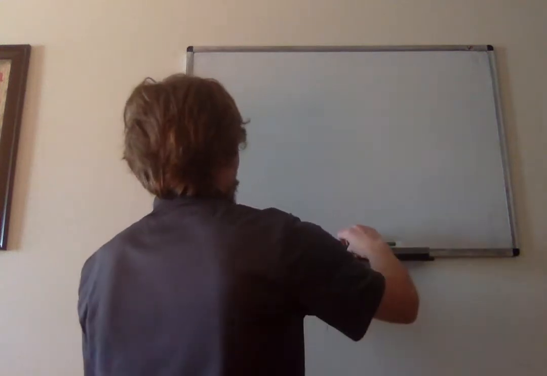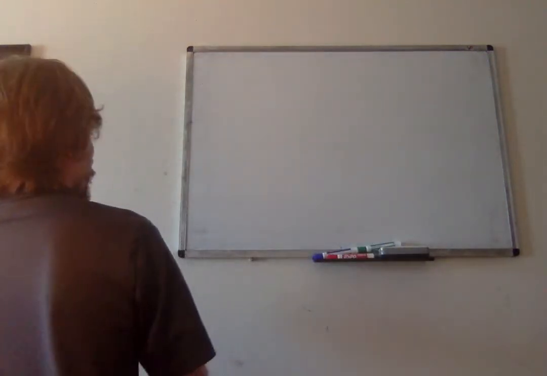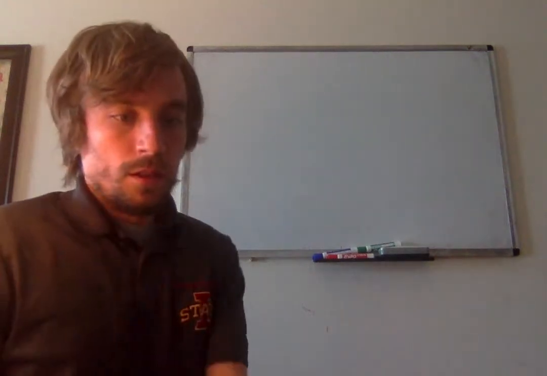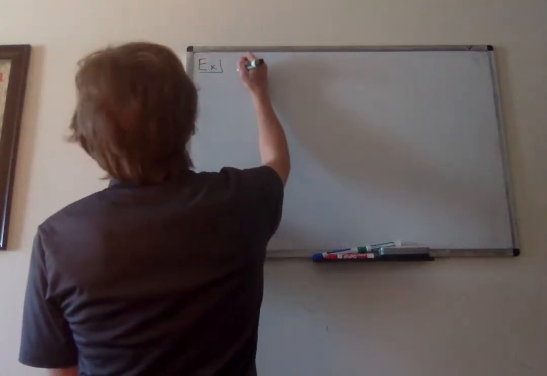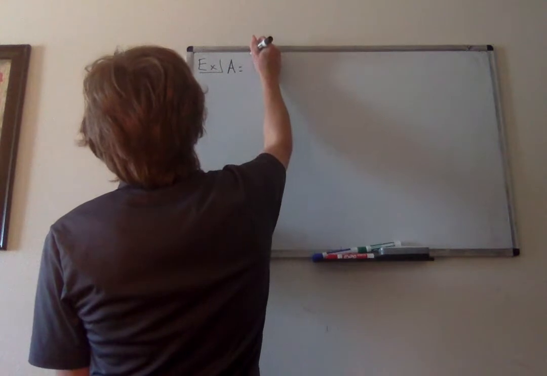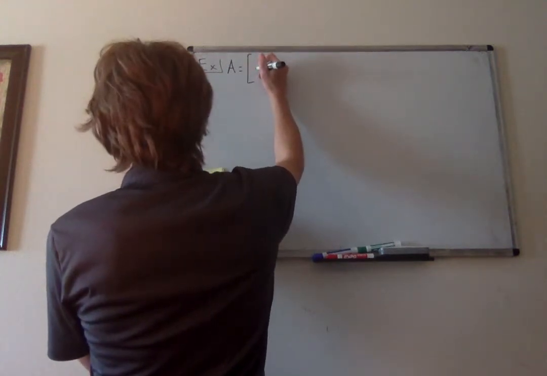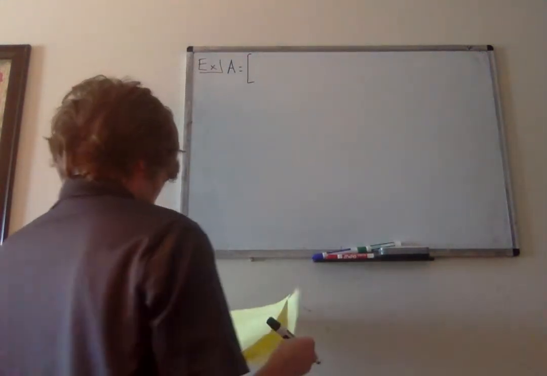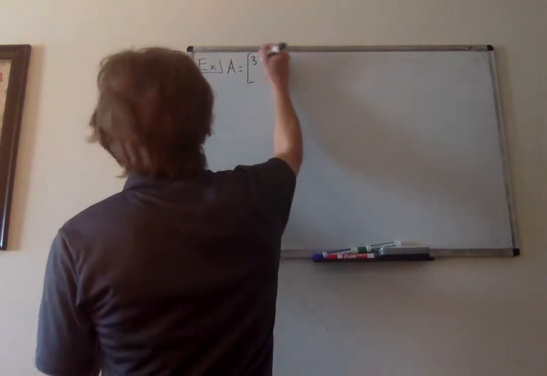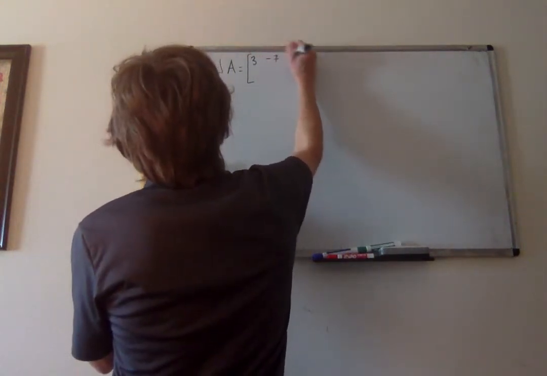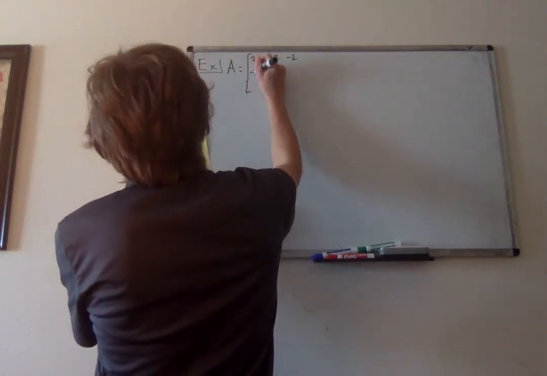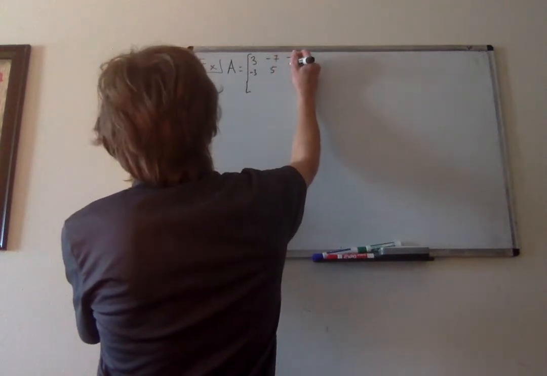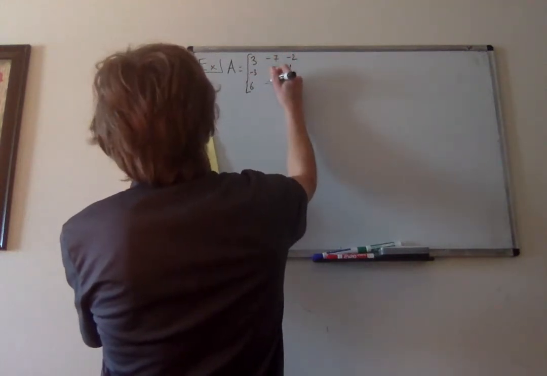All right, so we're going to let A be the following matrix. We're going to define A to be a 3 by 3 matrix. 3, -7, -2. -3, 5, 1, 6, -4, 0.